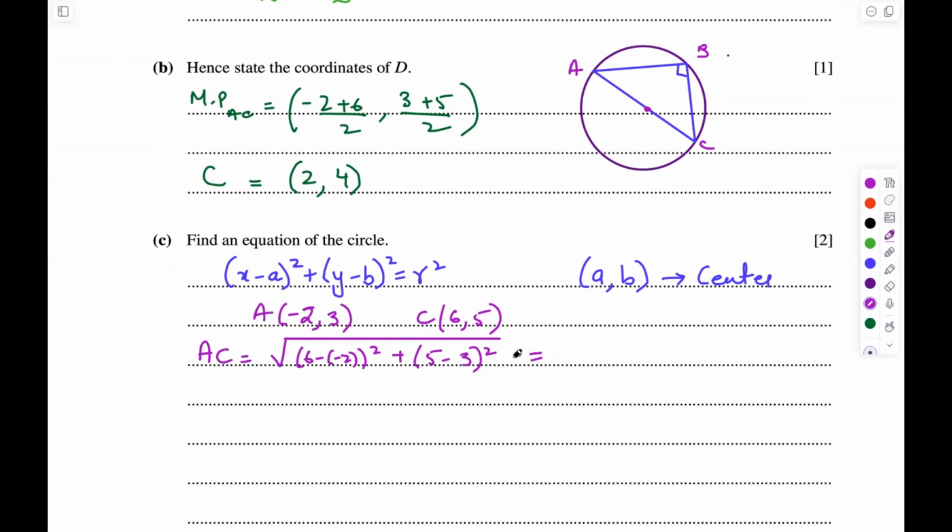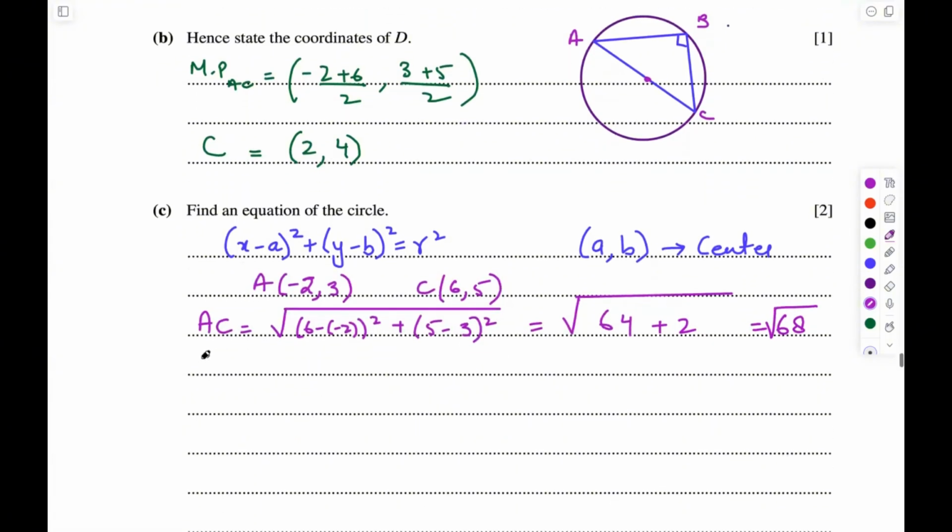Simplifying this, (6 plus 2) whole squared is 64, and 5 minus 3 is 2, so 2 squared is 4, which is equal to 68. So the distance will be the square root of 68 and the radius will be half of this. So for the radius, we will write square root of 68 divided by 2.